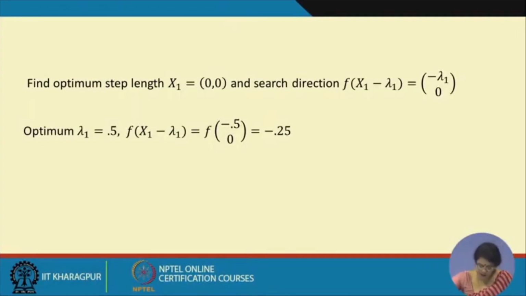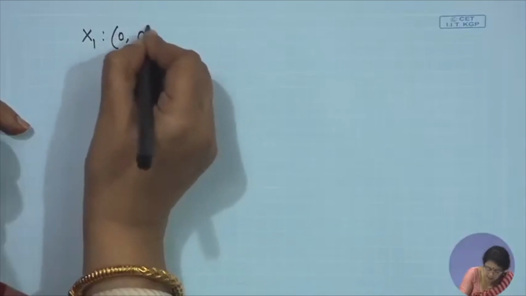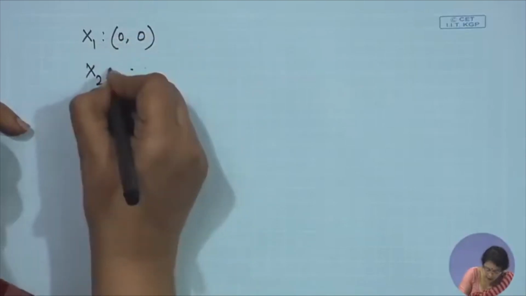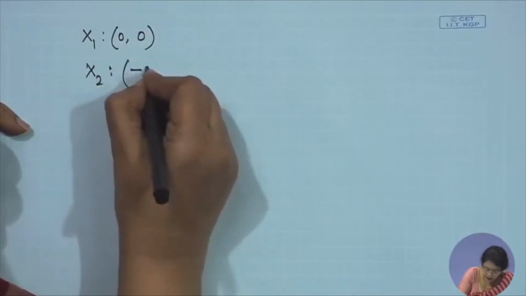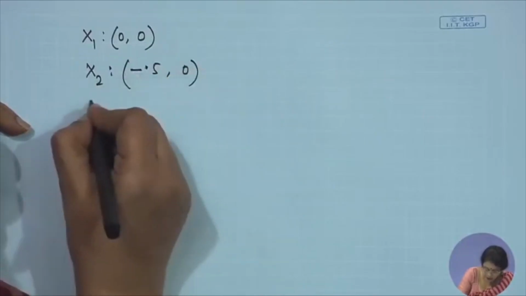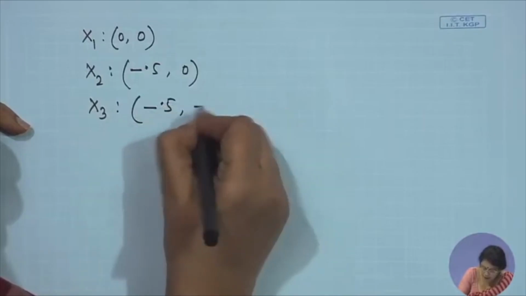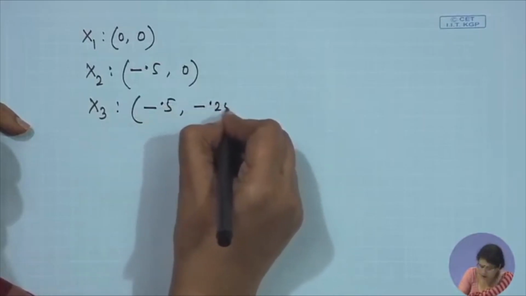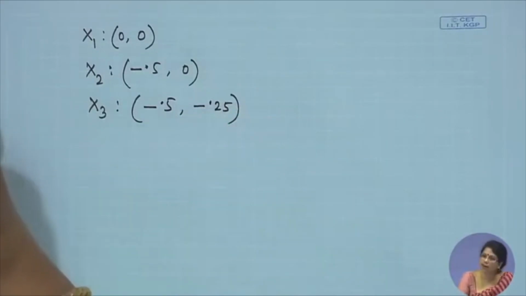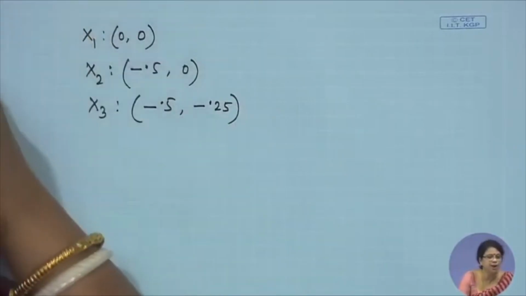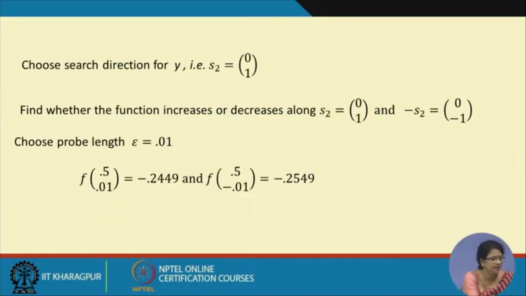If I just write down, my initial guess was 0, 0, my next point was minus 0.5, 0, my next point is coming minus 0.5, minus 0.25. Now, let us see the functional value at this point.